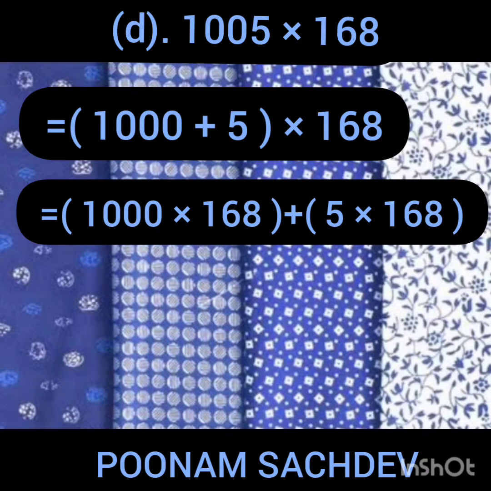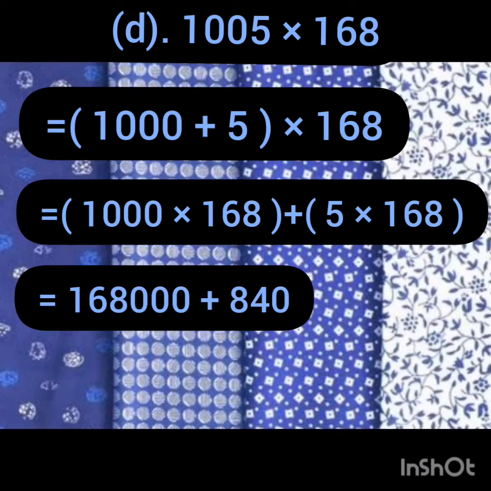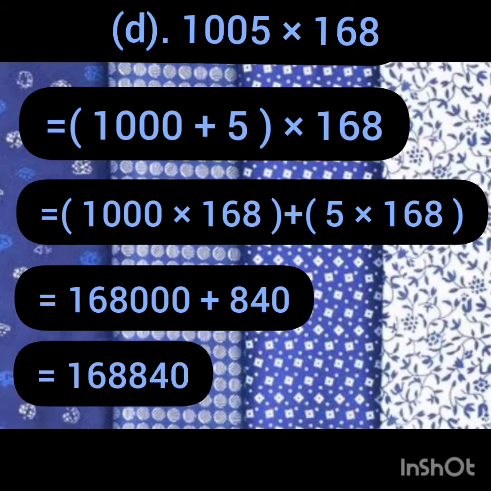Let's add them. We get the result 1,68,000 and 840. The sum of 1,68,000 and 840 is 1,68,840.